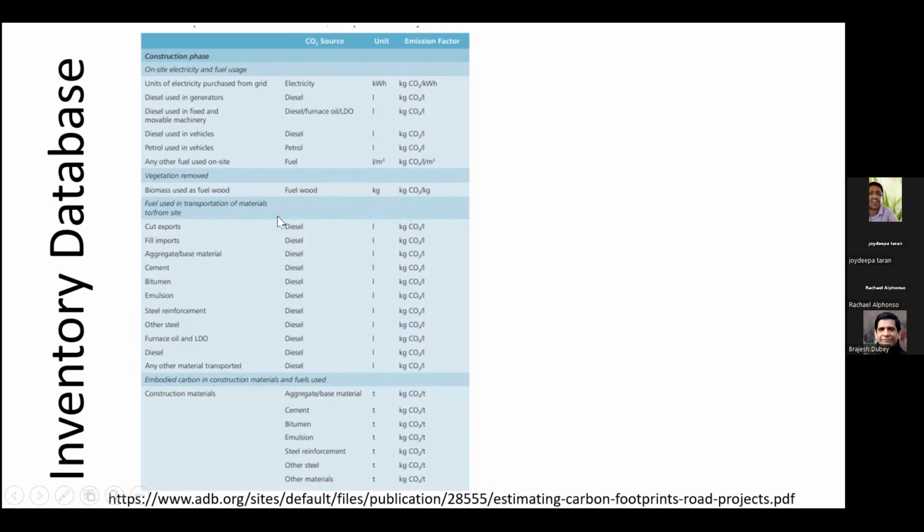Even in the construction phase, we transport a lot of materials. So for all those activities, with your lead distances, you calculate the freight load. How many tons you are transporting, you will convert and calculate. And the embodied carbon in the construction materials and the fuels that you have used will be considered.